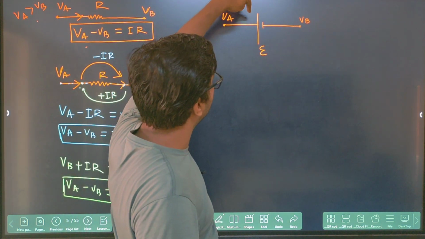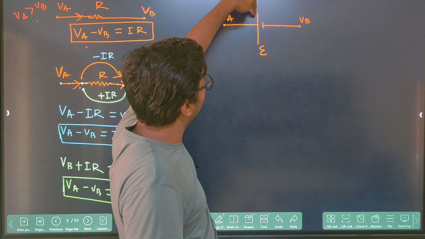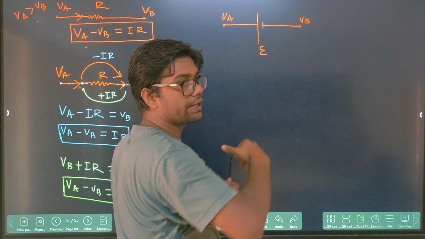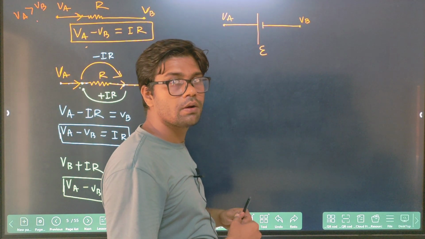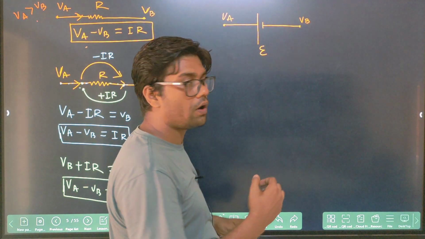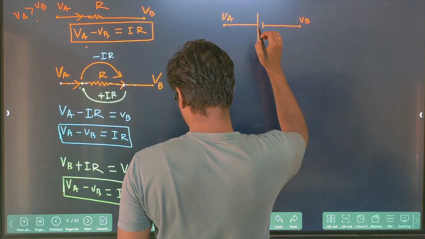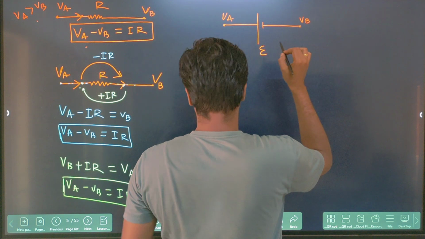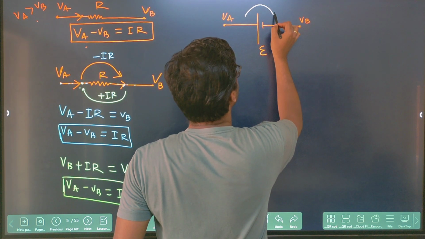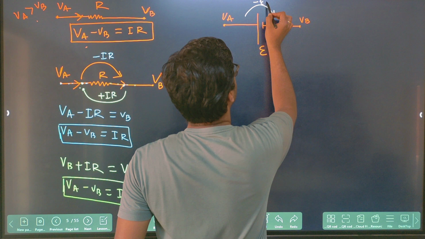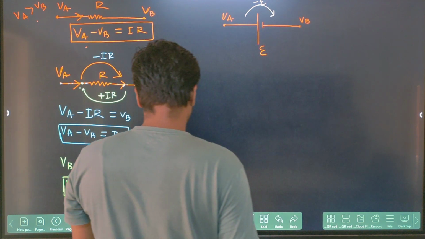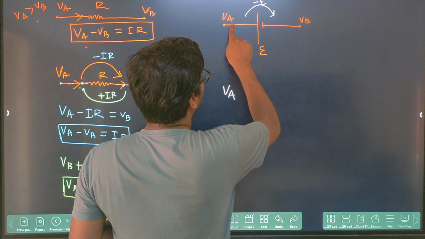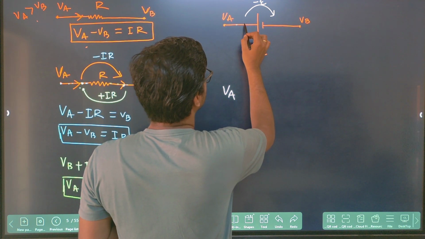Whenever you are going from the positive terminal to the negative terminal, there will be a potential drop of E. That means I will write minus E. This is VA, this is also VA.